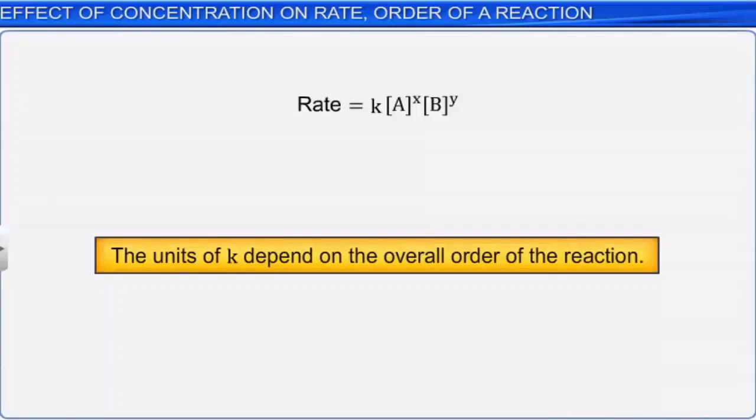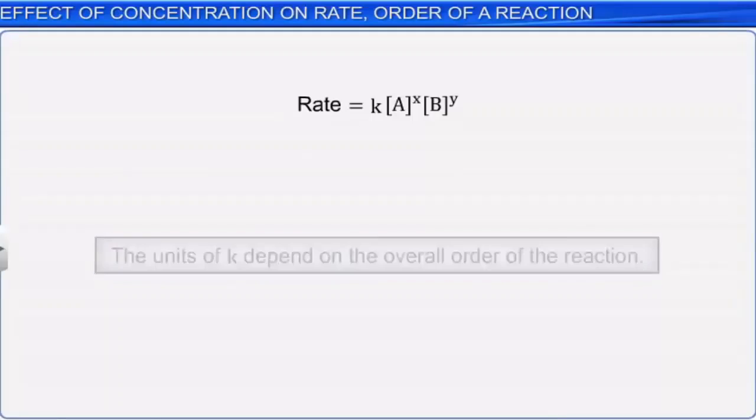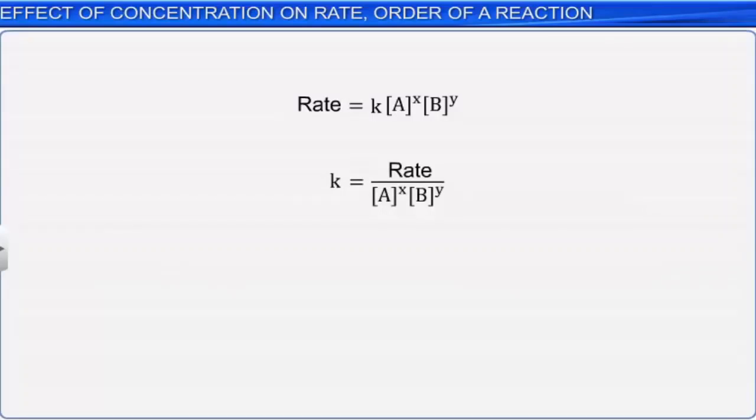The units of K depend on the overall order of the reaction. If we rearrange the rate equation for K in a generic reaction, we get K is equal to rate divided by the concentration of A to the power x multiplied by the concentration of B to the power y.